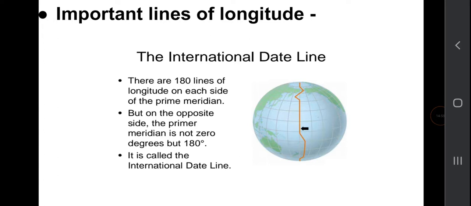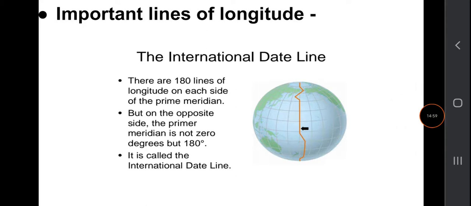When we start from 0 and we finish at 180 degree, this last line where it finishes is called the international date line. We will discuss the international date line later in class also, but don't be confused. Only know that 180 degree is called the international date line.